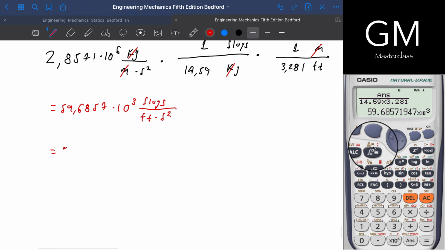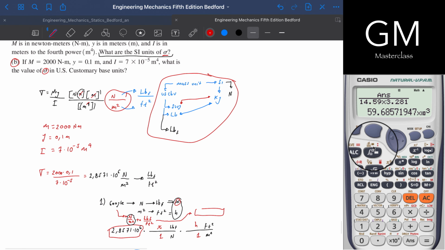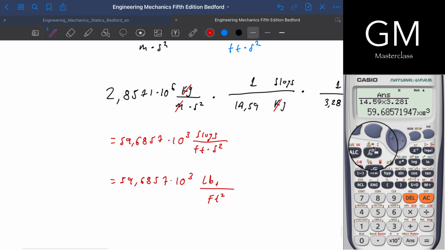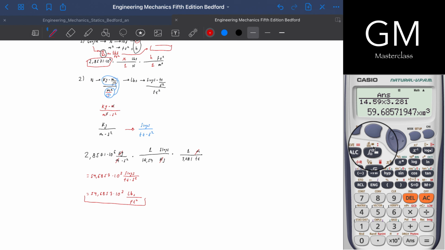Or this is the same thing as having force pounds divided by square feet. Alright, so this is, guys, the final answer for this exercise, and that's how this exercise could be solved.